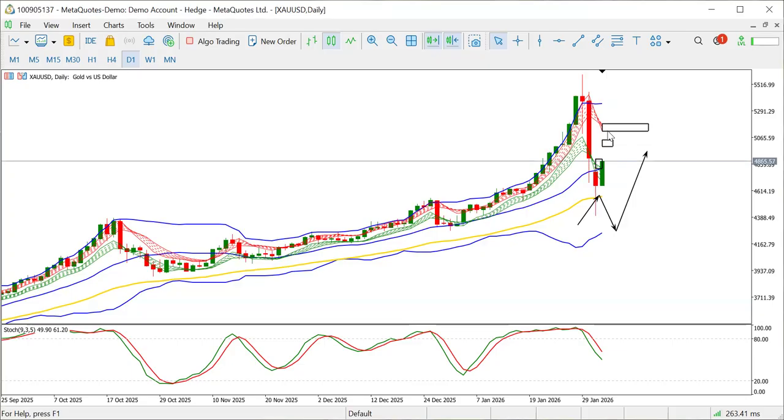But if there is something missing, don't take any trade. Wait for the confirmation. This is not the last day of your trading. This is just a day of your journey. Every day you don't need to look for a trade, because this is the game of probability and possibility.